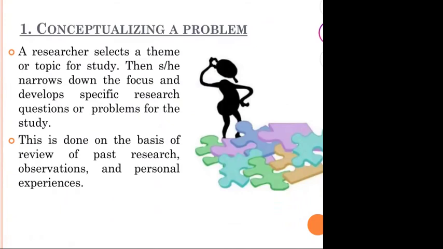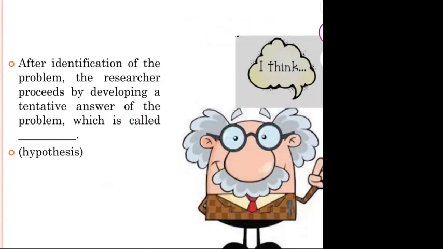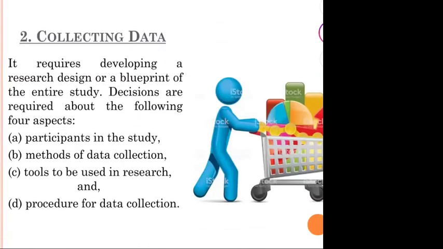This is done on the basis of a review of past research, observations, personal experiences, and the rest. So, after identification of the problem, the researcher proceeds by developing a tentative answer to the problem, which is called a hypothesis. So, it is not an answer, but you think that is the answer. That is called a hypothesis.